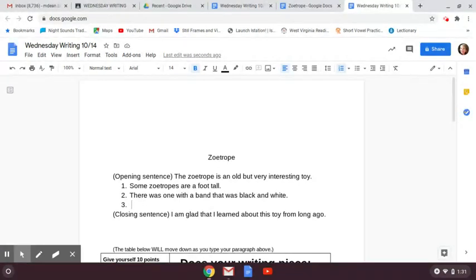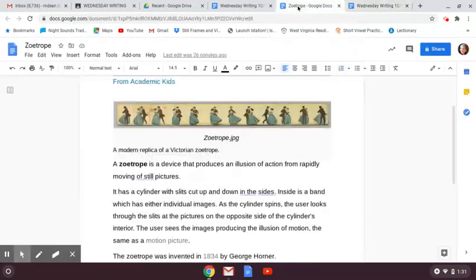I can actually start with the word zoetropes. There goes my bold again. Let me back up and then hit the B. Zoetropes. Let me go back and look and see what I can get as a detail.